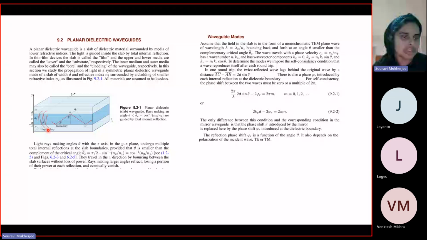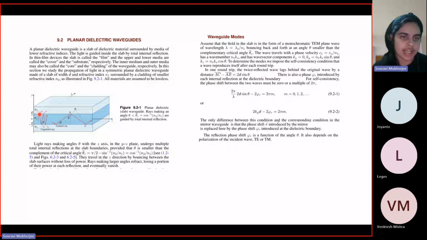If you remember, in total internal reflection, you have a denser medium, and if you have rarer media surrounding it, as the wave passes from denser to rarer medium, the wave moves away from the normal. So beyond a certain incident angle, the entire wave gets reflected, right?